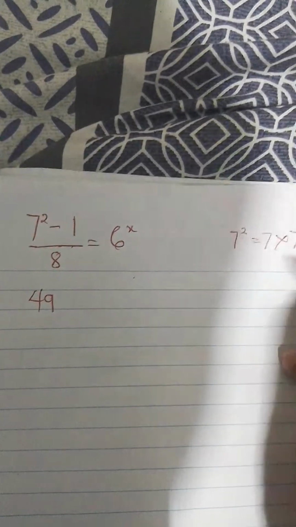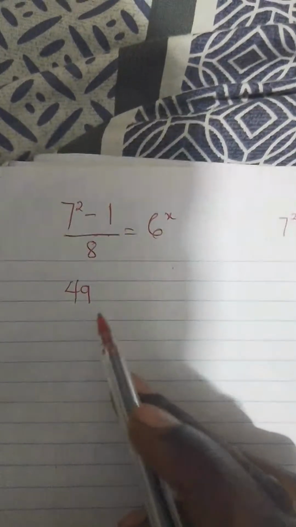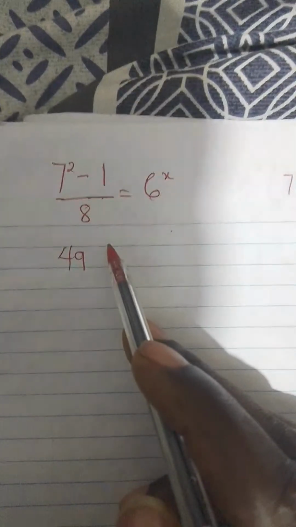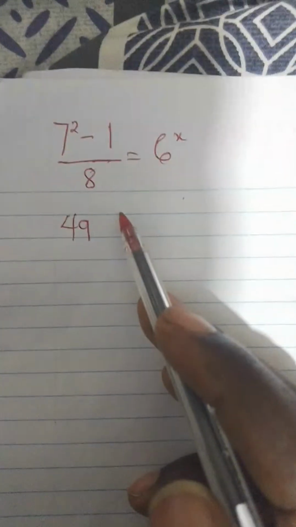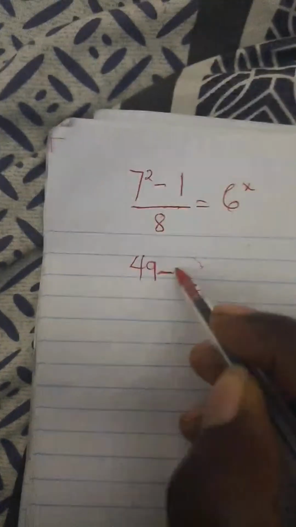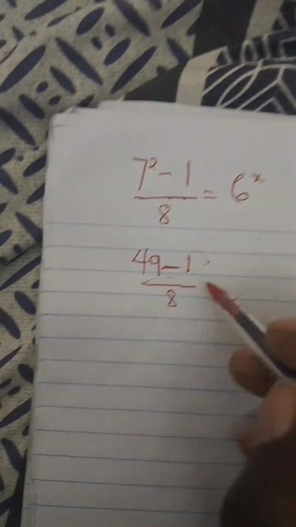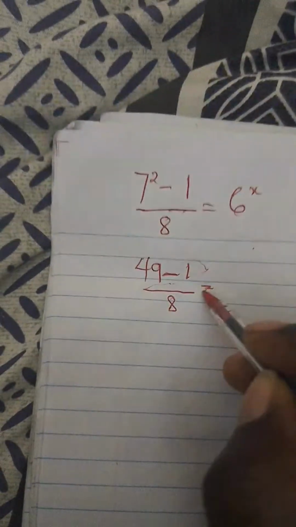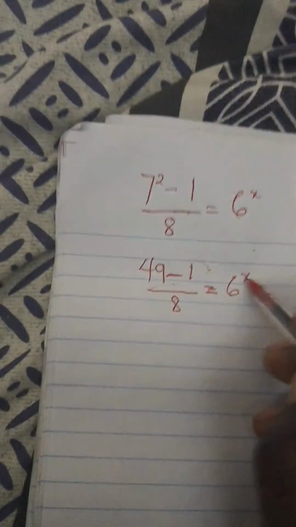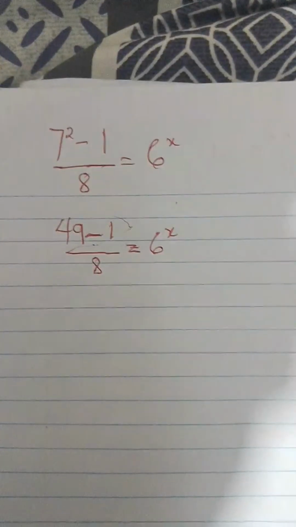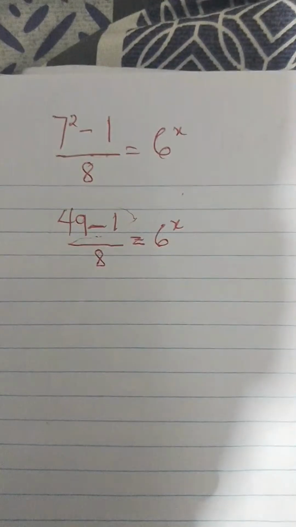Right. So 7 squared is 49. So we have 7 squared, that is 49, minus 1 on 8 equal to 6 exponent x.